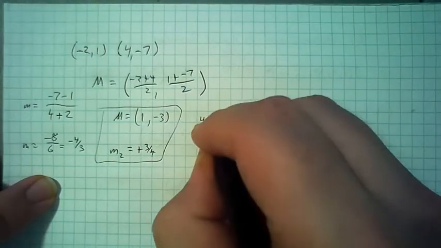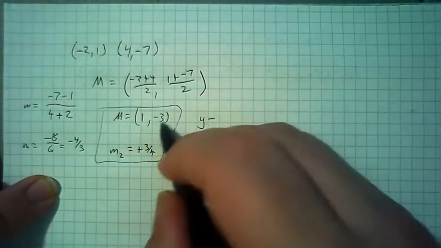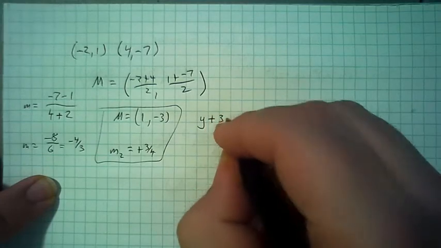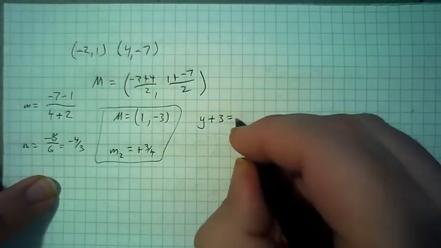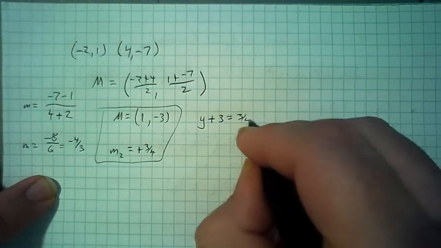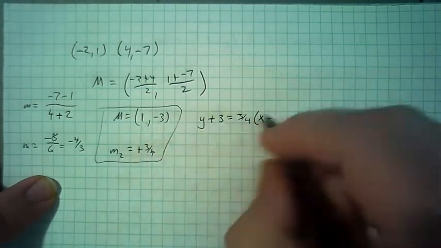If you remember point slope form, it's y minus y1, which in this case is negative 3, so that becomes y plus 3, equals the slope m times x minus x1.